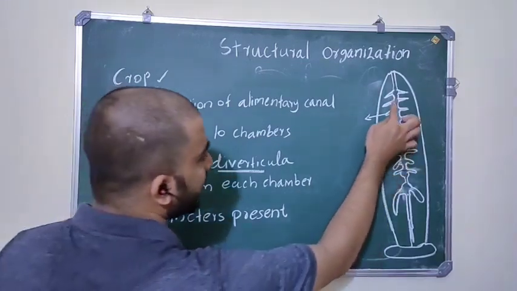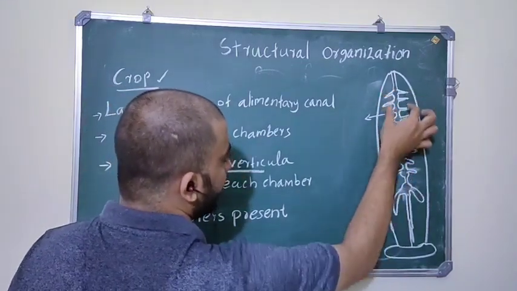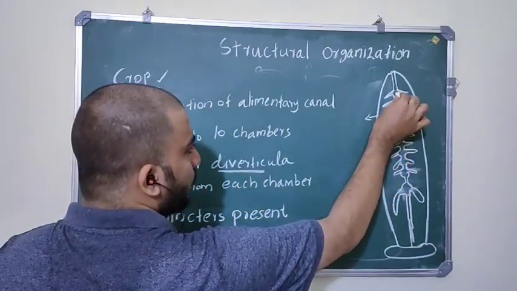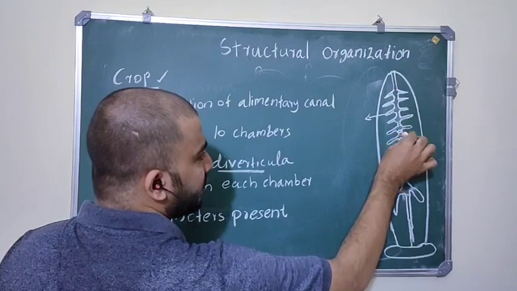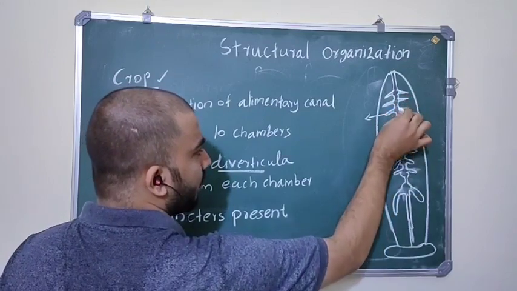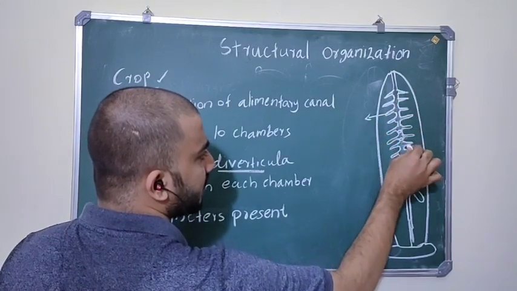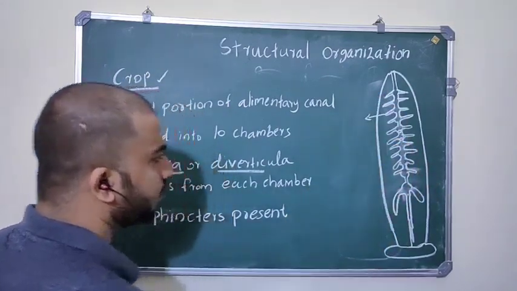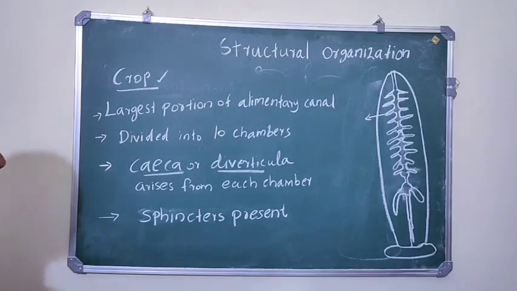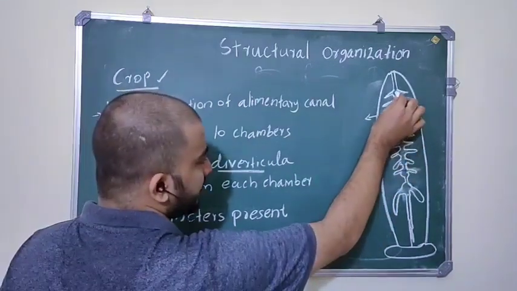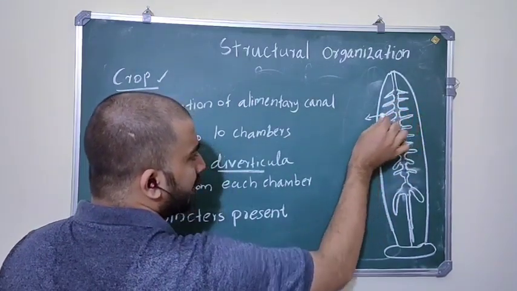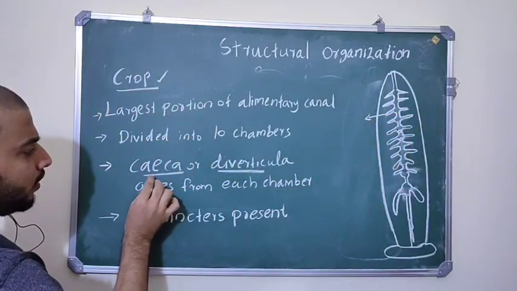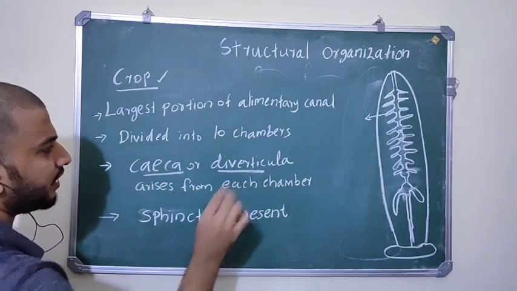You can see here, this part represents the crop. This crop is divided into 10 chambers: 1, 2, 3, 4, 5, 6, 7, 8, 9, 10. From these 10 chambers, lateral outgrowths are also present. These lateral outgrowths are called caeca or diverticula.